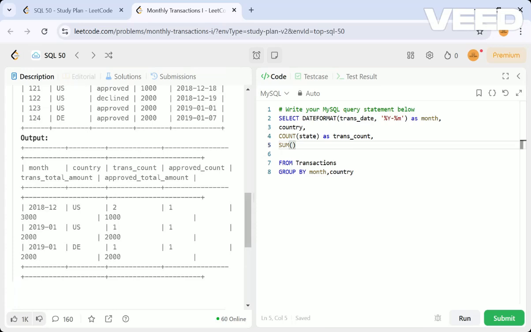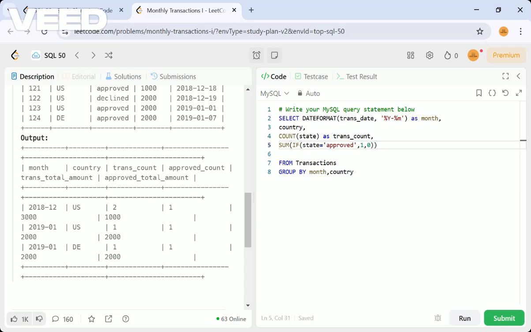So how will we get the approved count? First we have to check the state, right? The state is to be approved, so we can have the direct value approved. If it is approved, what should I get? I have to get 1. Otherwise, in the if condition we have to add 0. So this is the if condition we have, and we have to sum up this thing.